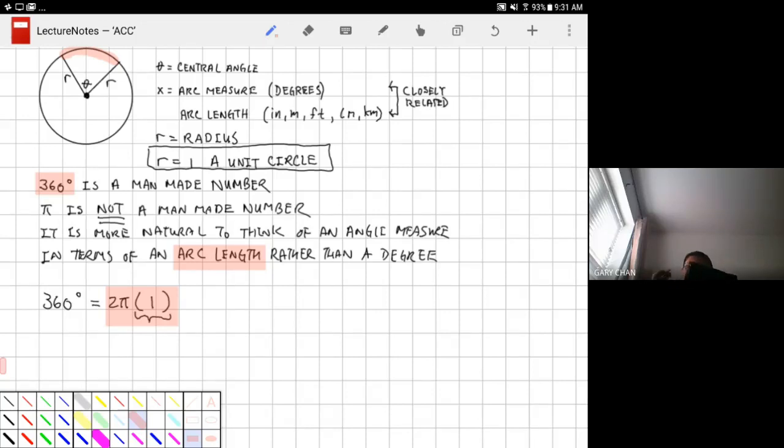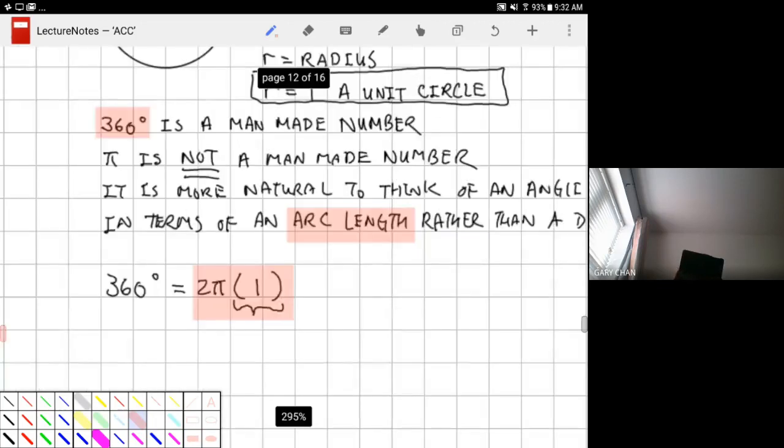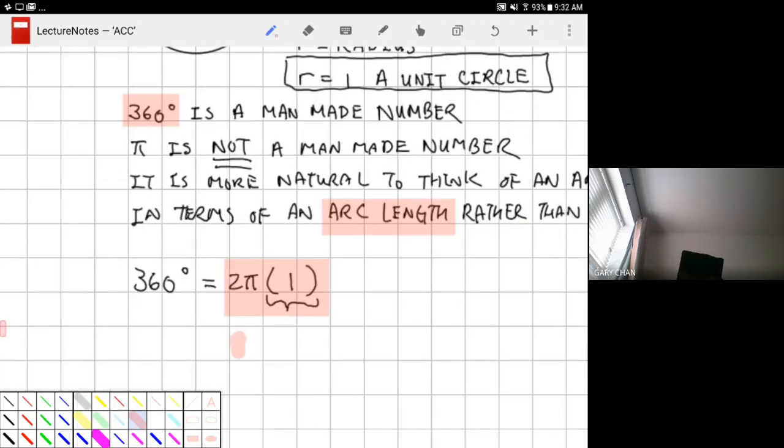Right now, this is all philosophical and not very tangible, so we will need to create some kind of a way to describe this concept. Instead of calling this an arc measure over and over again, we will refer to this as what's called a radian measure. So this is called a radian measure. And this is a degree measure.